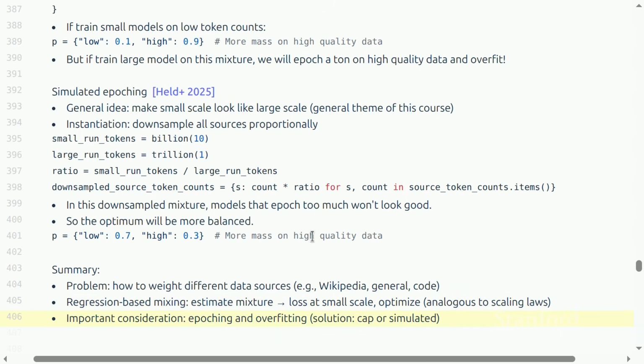And you have to be very careful with this because of epoching and overfitting issues, and you have to use either capped epoching or simulated epoching. So one lesson here is that if you're trying to optimize anything, you have to be very careful because you are in danger of optimizing the wrong thing.